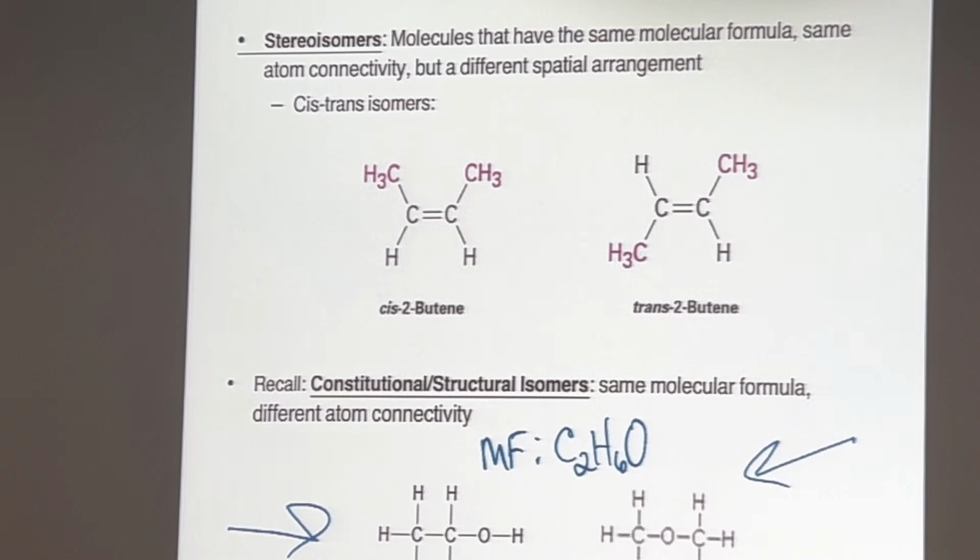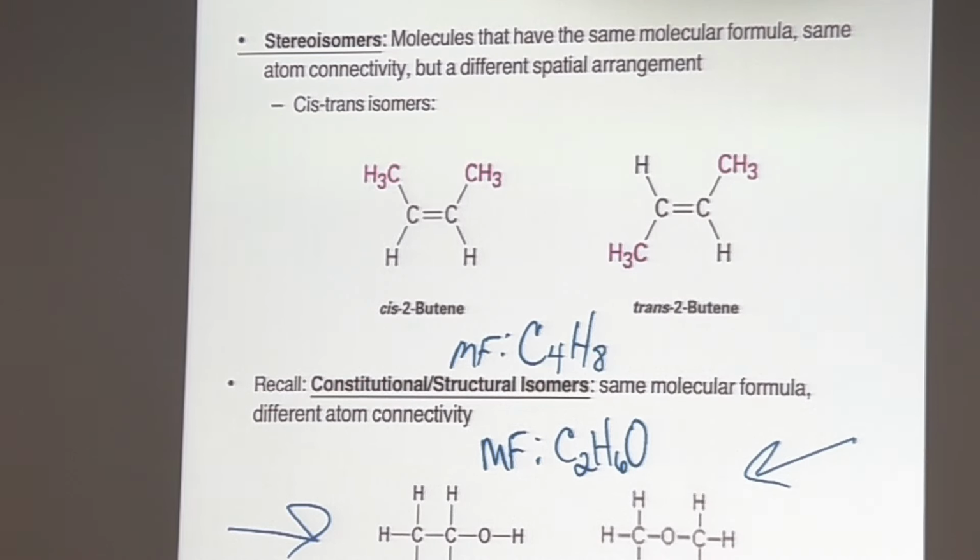Whereas stereoisomers are going to have not only the same molecular formula, but the atoms are going to be connected in the same order. So the molecular formula for cis-2-butene and trans-2-butene, we've got C what? How many carbons for butenes? 4. H what? 8.